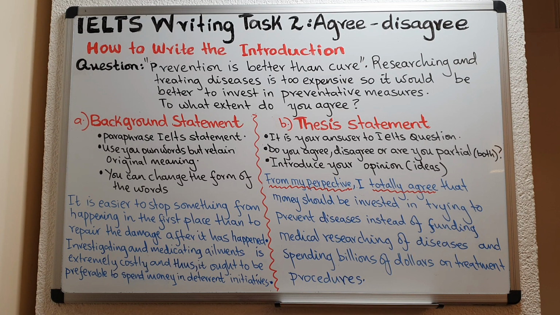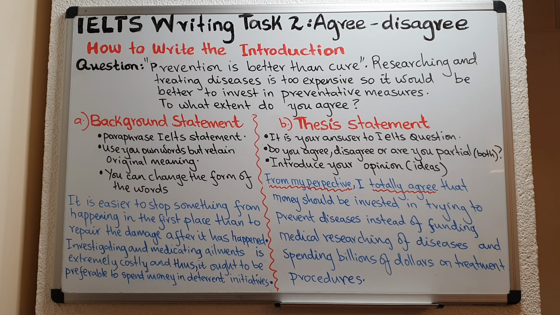It is better, okay, that money should be invested in trying to prevent diseases instead of funding medical researching of diseases, so instead of researching and treating diseases and spending billions of dollars on treatment procedures.